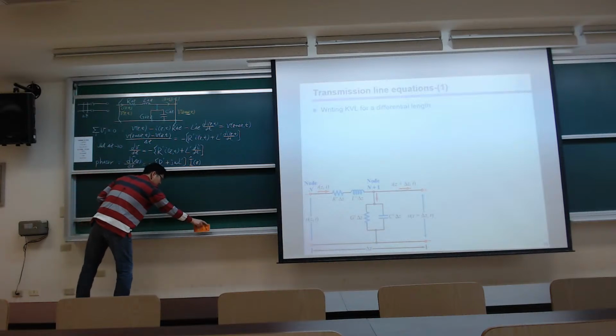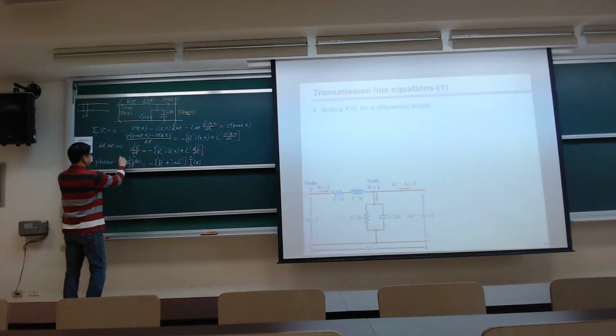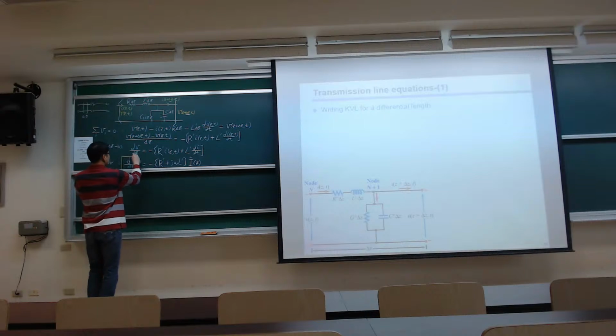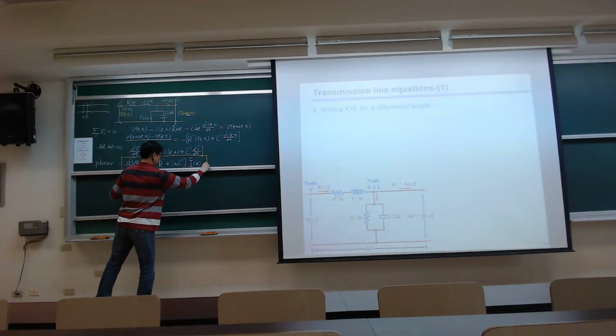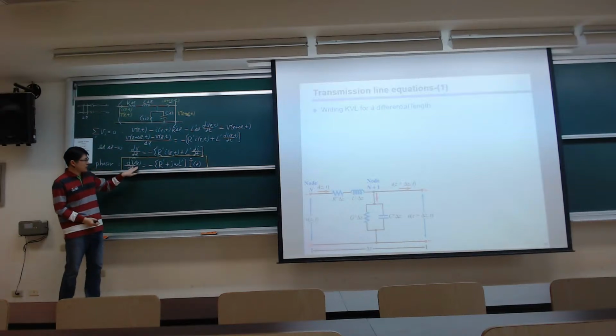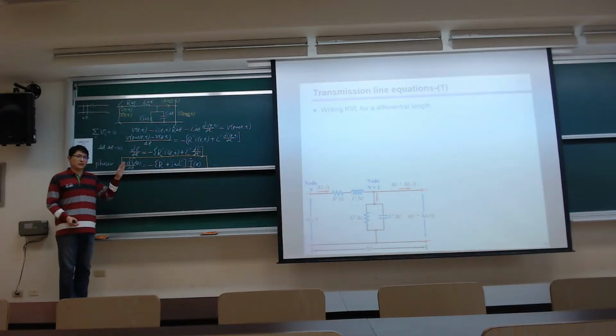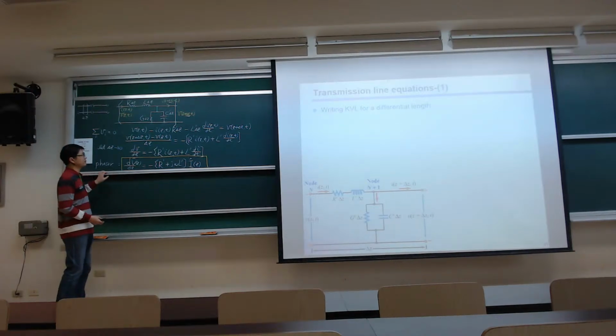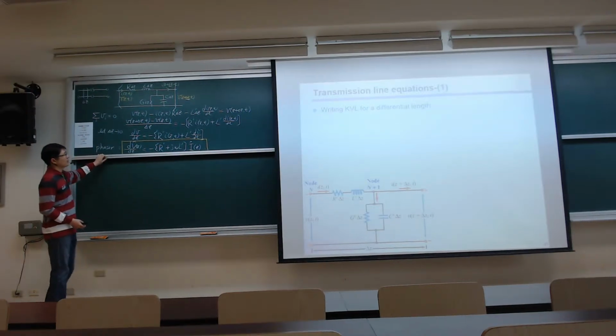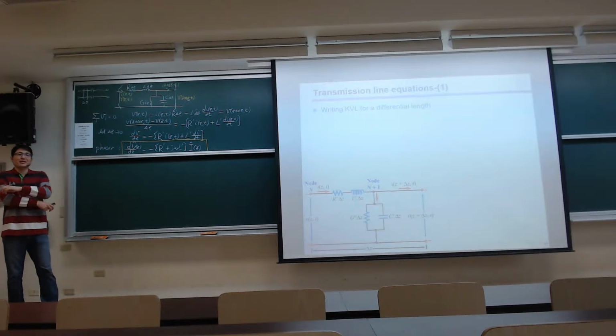So this is the equation I want to somehow relate voltage change and current. Okay, so this is the first equation that we finally wrote down. Okay, one down, one to go.